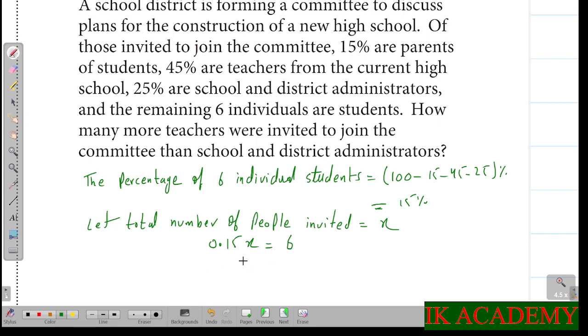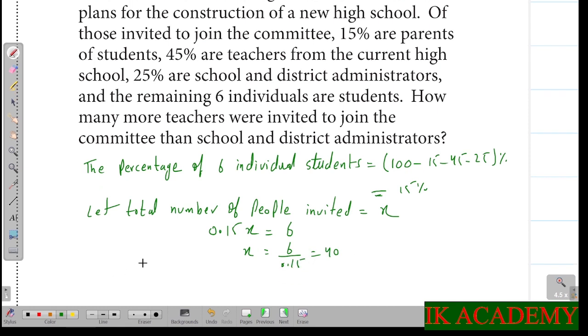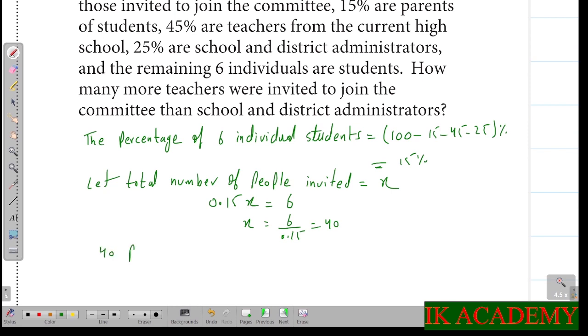So from here we can find the total number, X. So X is equal to 6 divided by 0.15, which is equal to 40. So I can say 40 people were invited to join the committee.